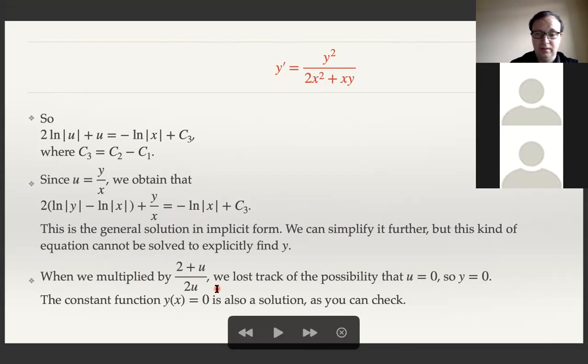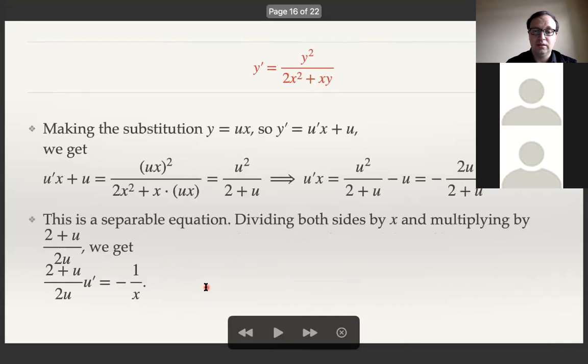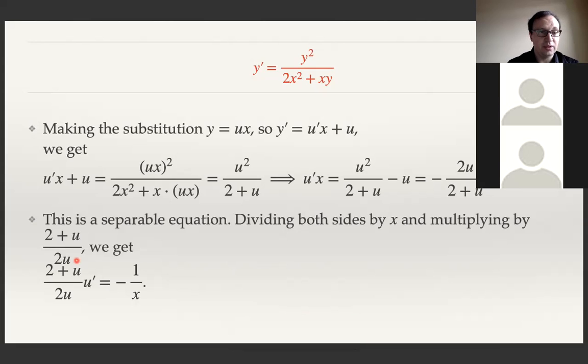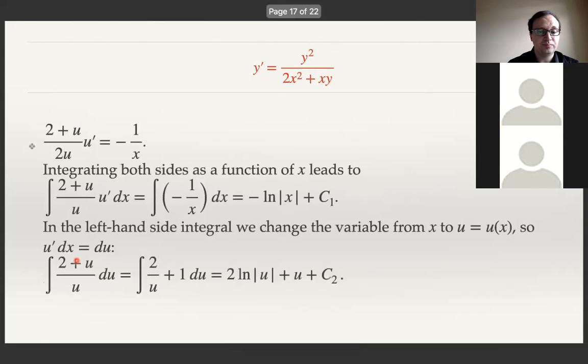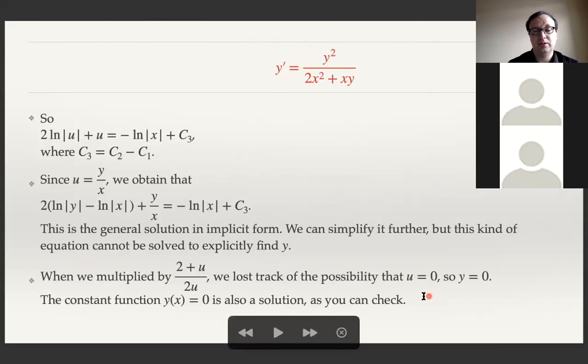Let's see. When we multiply by (2 plus u) over 2u in order to make the equation separable, we implicitly assume that u is non-zero. So we implicitly assume that y is non-zero. So y equals 0 is another possibility that we must keep track of.